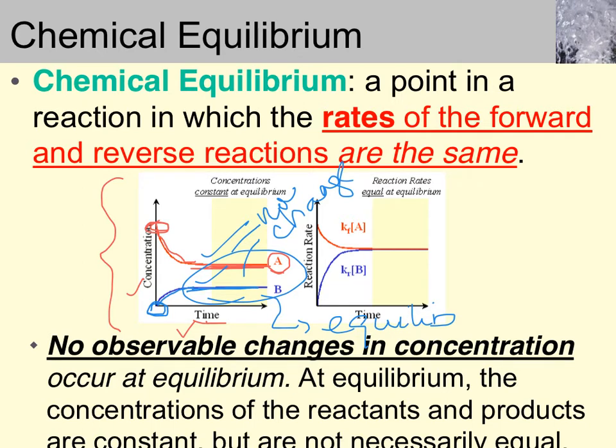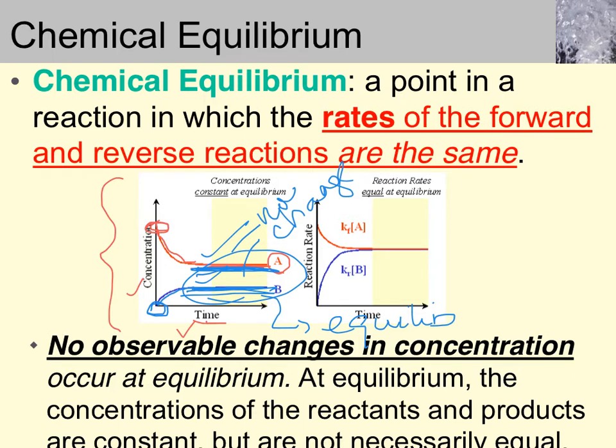They think that equilibrium means concentration of reactants and products is the same. It absolutely is not. That's very important to know. The concentration of reactants and products are different at equilibrium. They may coincidentally be the same, but in general they're different. However, they cease to change. The concentration stopped changing. Okay.